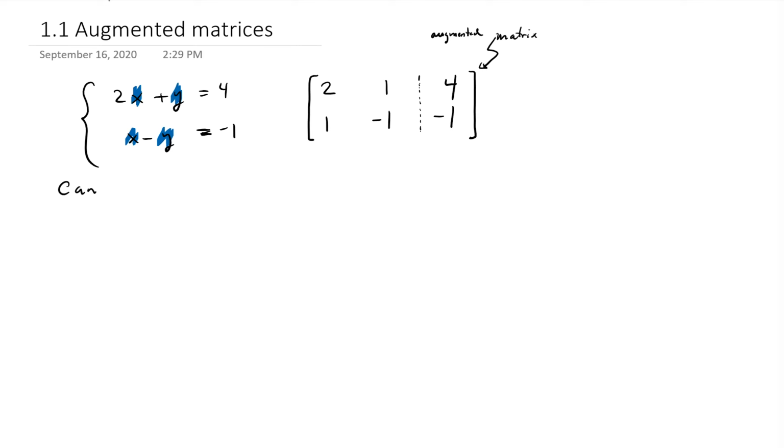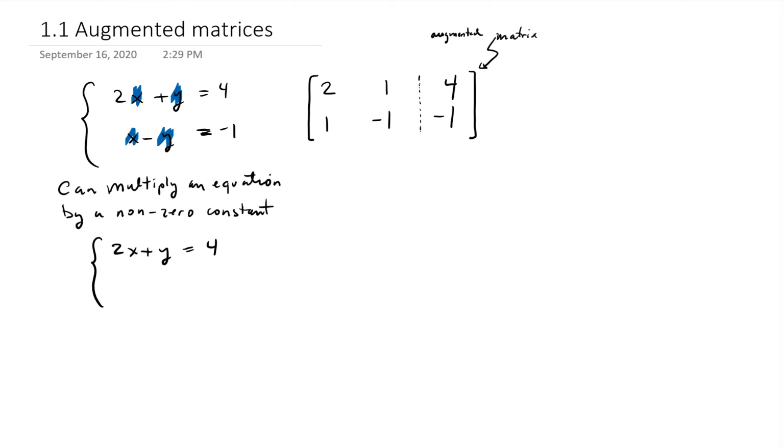We can multiply an equation throughout by a non-zero constant. For instance, I could take the second equation and multiply it throughout by 2.